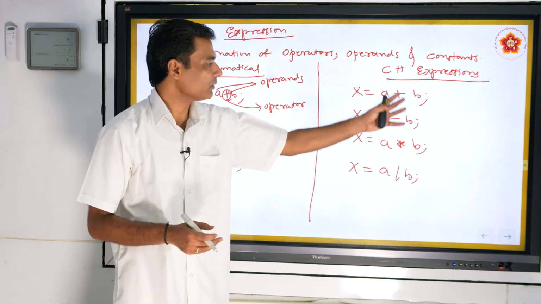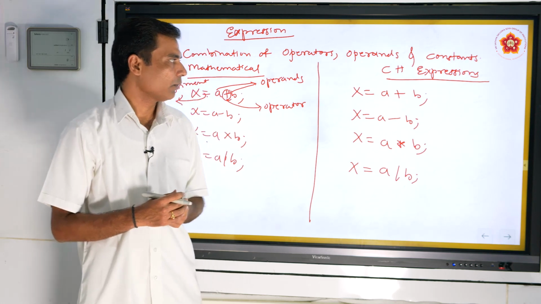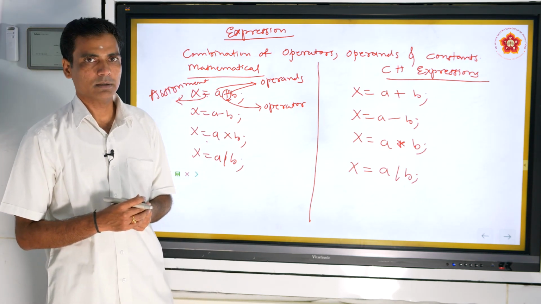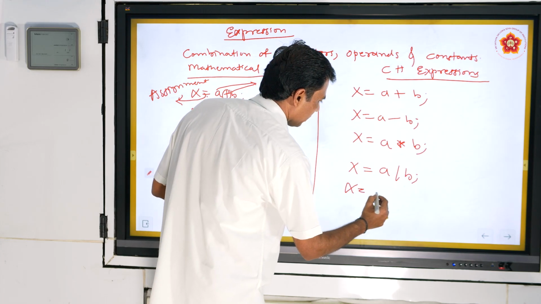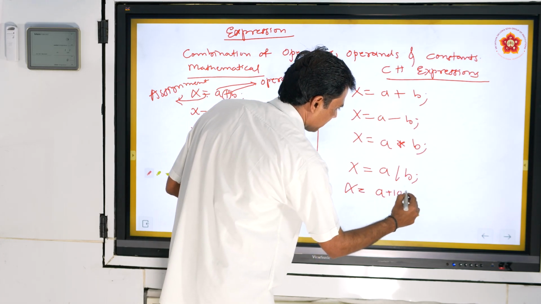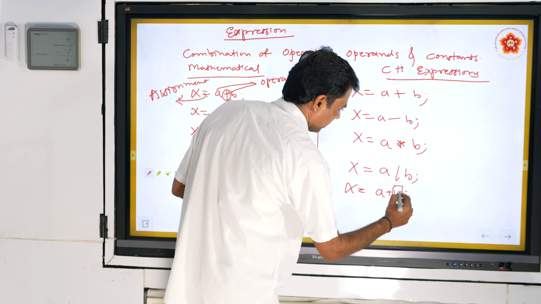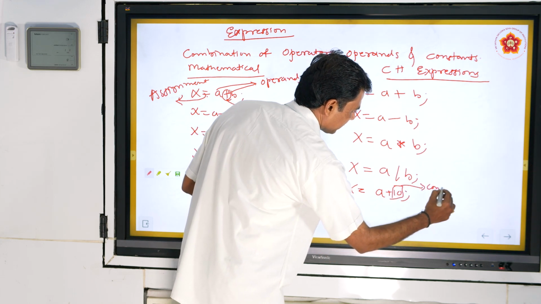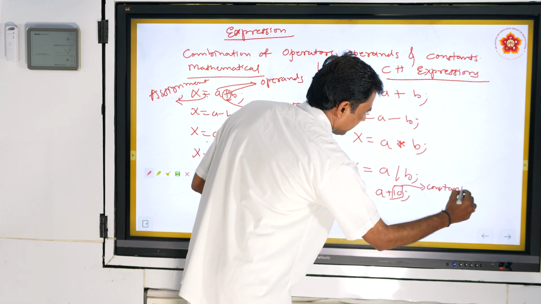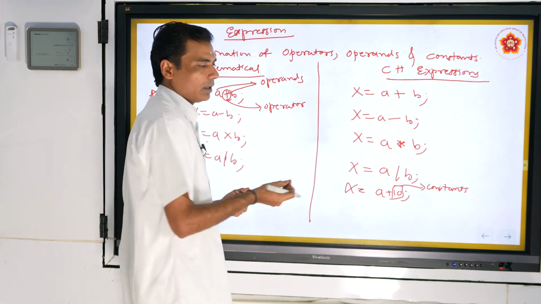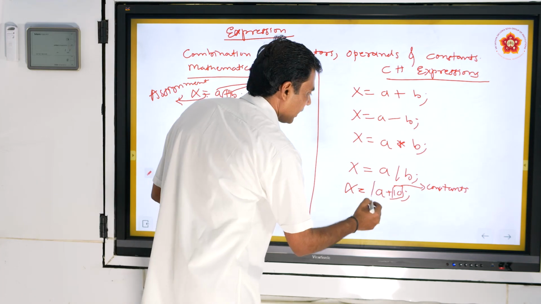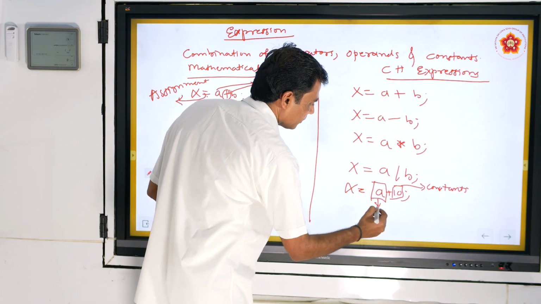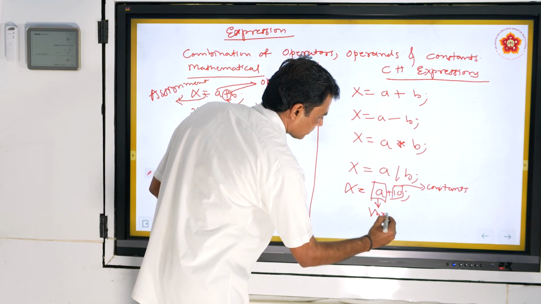So here all we have used is the variables and constants. One example of the constant I would like to give here is a plus 10. This is an example of a constant. So 10 is a constant here. In case of C++ expressions, the things are a little bit different. The values that we directly use, we call them constants, and any notations that we are using, we call them variables.